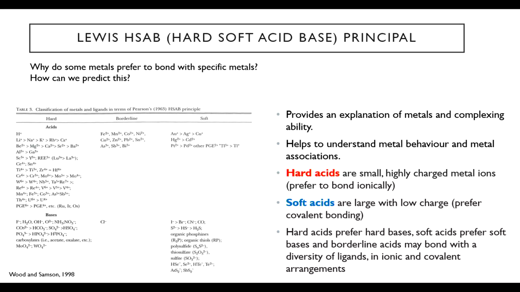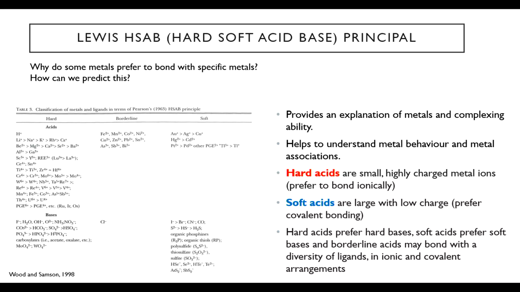In detail, the hard acids prefer an ionic bond, whereas soft acids prefer covalent. So the chemistry is slightly different. And for the borderline ones, chloride is a borderline ligand, so it can actually bond with a variety of ones.